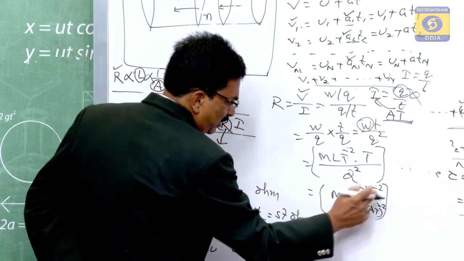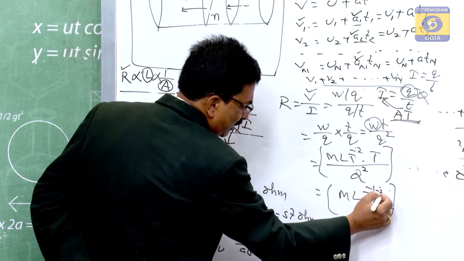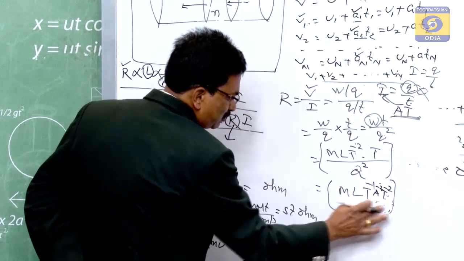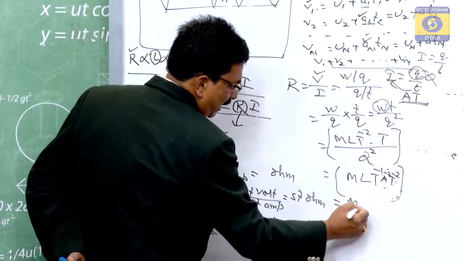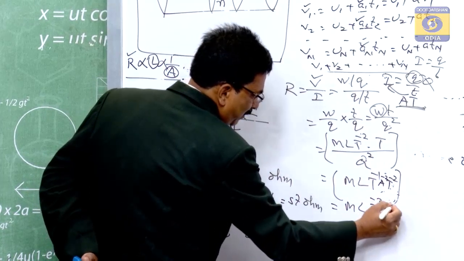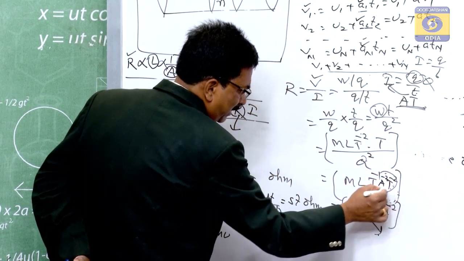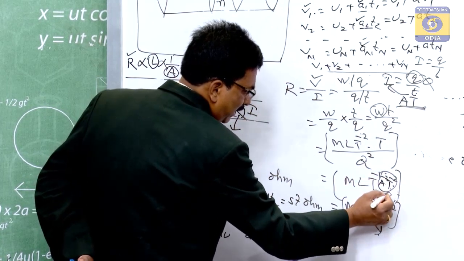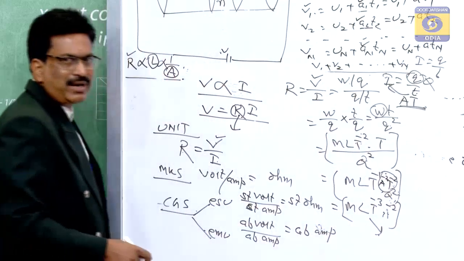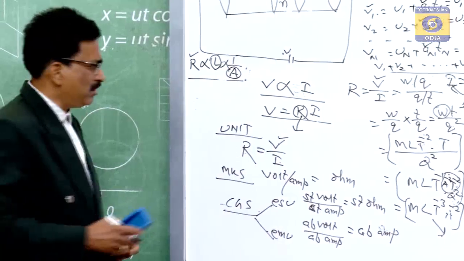So, this will be A to the power of minus 2, and this T will be T to the power of minus 2. So, this will be M L T to the power of minus 3, A to the power of minus 2. Either this one, or instead you can also take Q to the power of 2, whatever your choice. So, this is the unit and the dimension of Ohm's law.